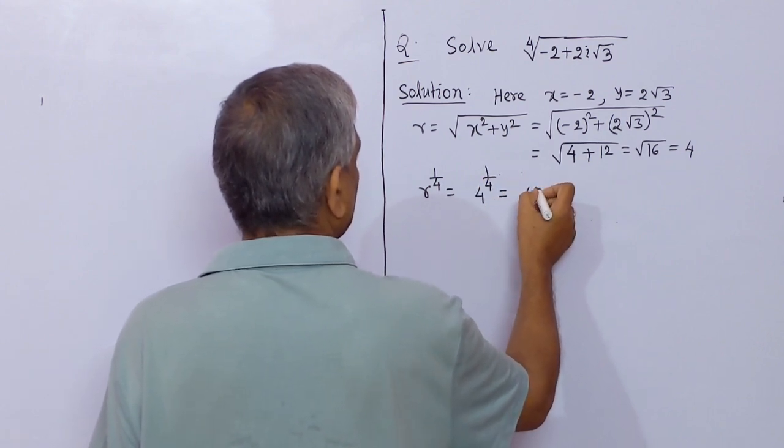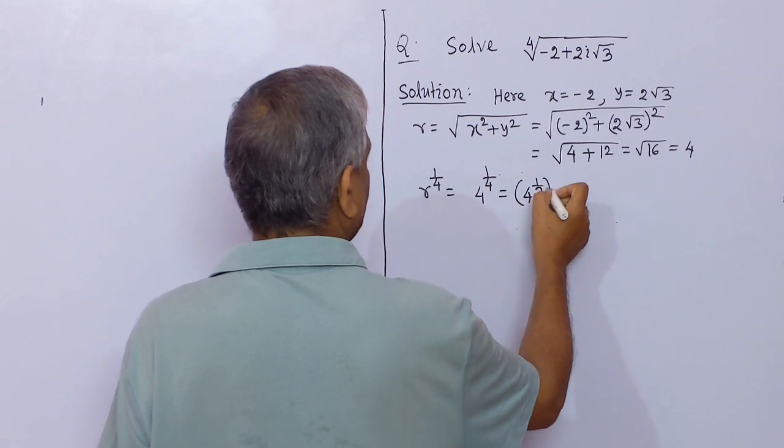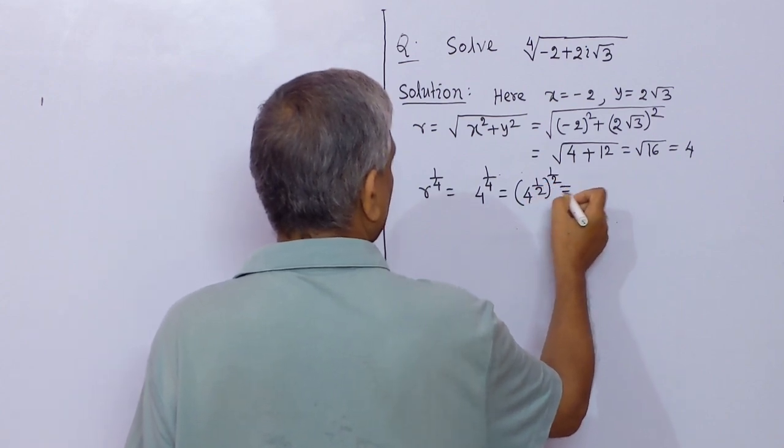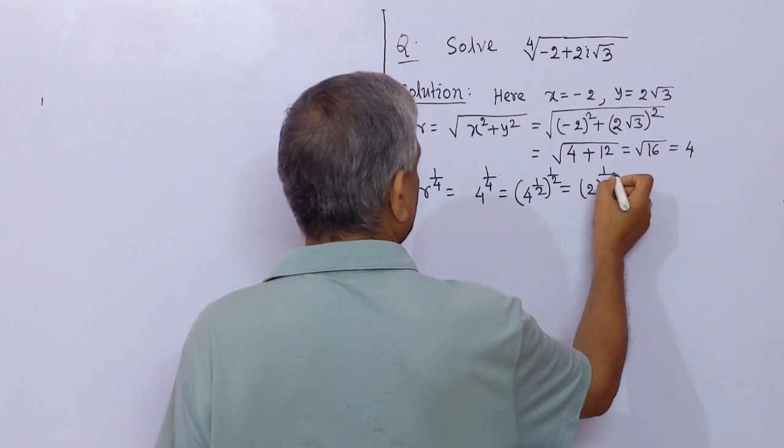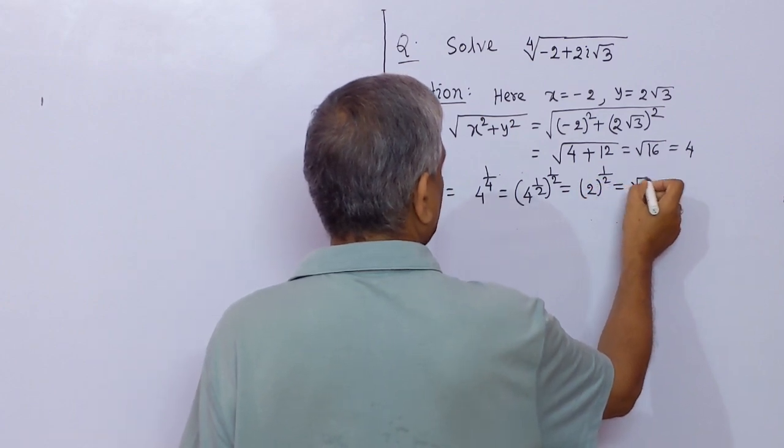This is 4 to the power half to the power half. 4 to the power half is 2, and 2 to the power half is square root 2.